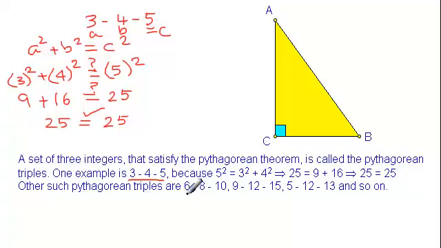Likewise, there are some other triples, which are 6, 8, 10, 9, 12, 15, 5, 12, 13, and there are many more which I will be discussing in another section of this website, under the high school Common Core State Standard in the geometry section.